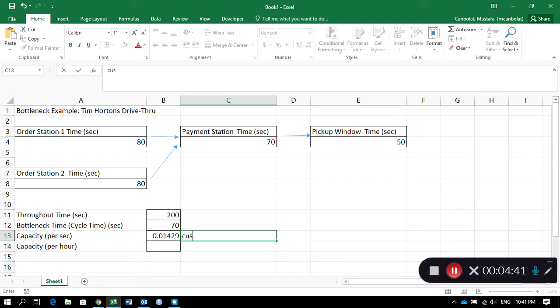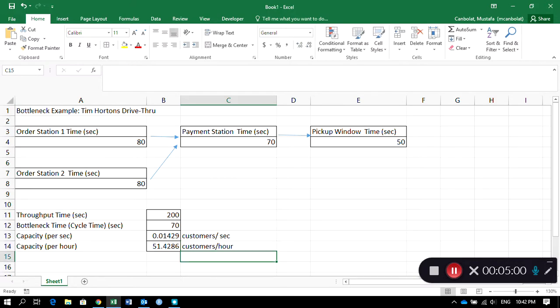I can also take that number and multiply it times 60, and that will give me the customers every minute, times another 60, the customers every hour. So this drive-through is capable of processing 51.42 customers every hour, but this is only after it's up and running.